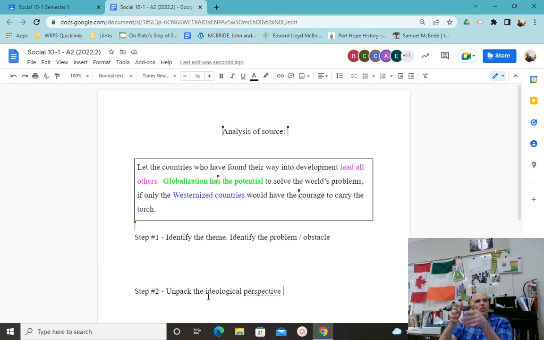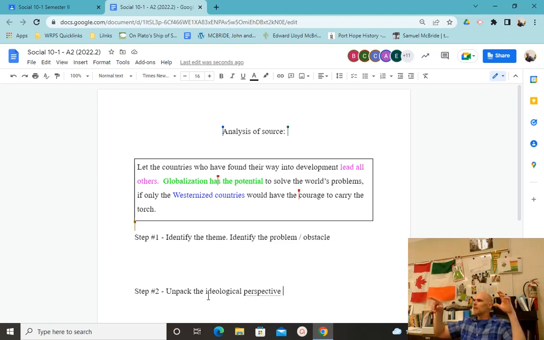And that is that perhaps Western countries lack the courage, right? So we've already begun this process of identifying the ideological perspective. Any other words there that really help us understand that the source isn't 100% sure that globalization will be the cure?